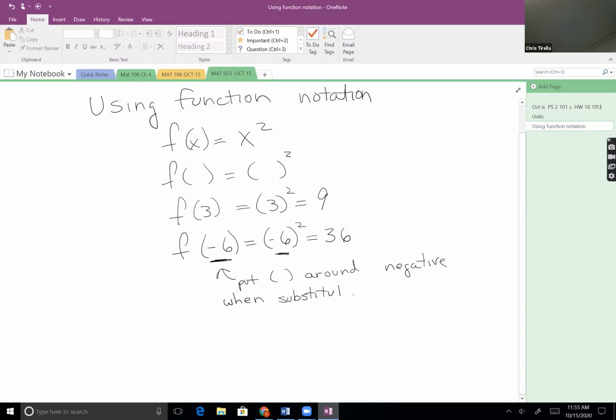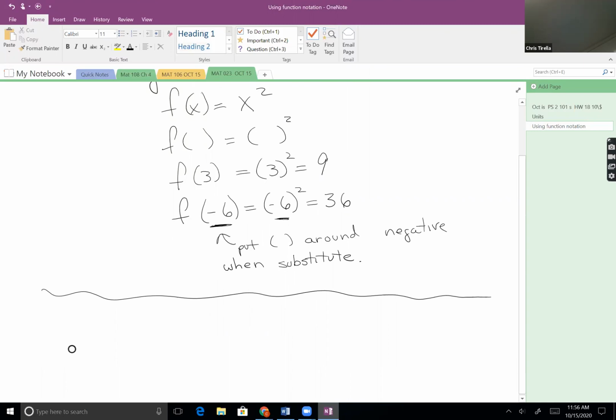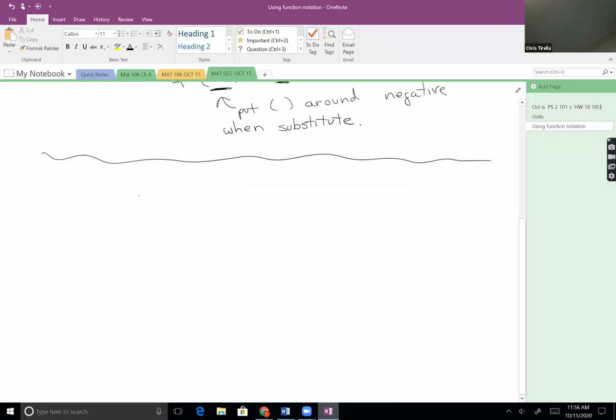It's going to keep you from making sign errors. So, definition of exponents. Is this all stuff that you folks have seen before? I'm hoping so.